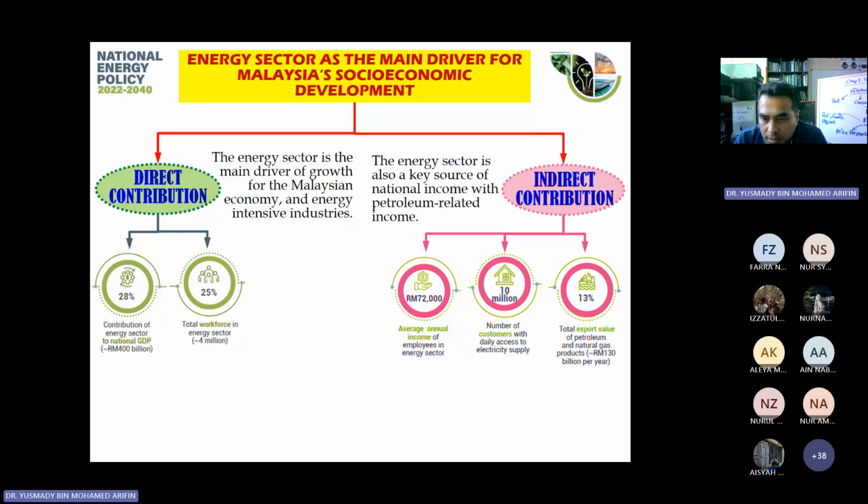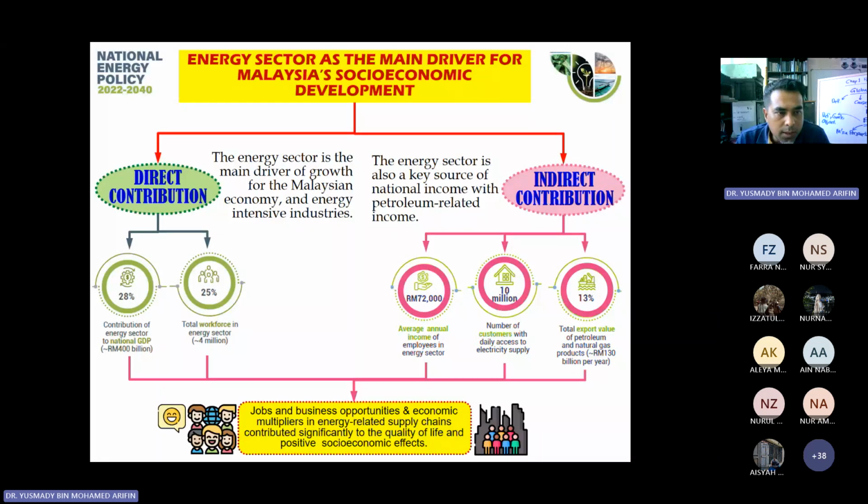And there is a 30% increase in the total export value of petroleum and natural gas products, around 130 billion per year. So these are the contributions of the policy.